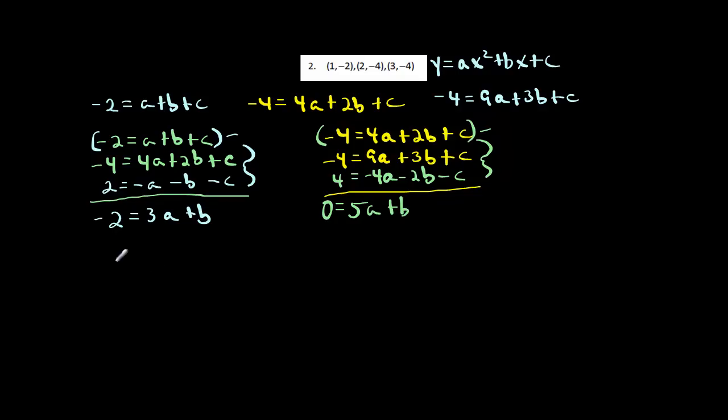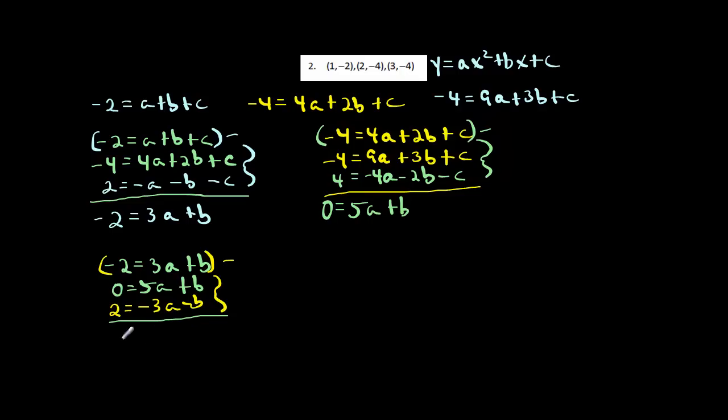Let's put those two together. Draw a line. Let's get rid of the b's by multiplying by a negative. So we get 2 equals 2a.